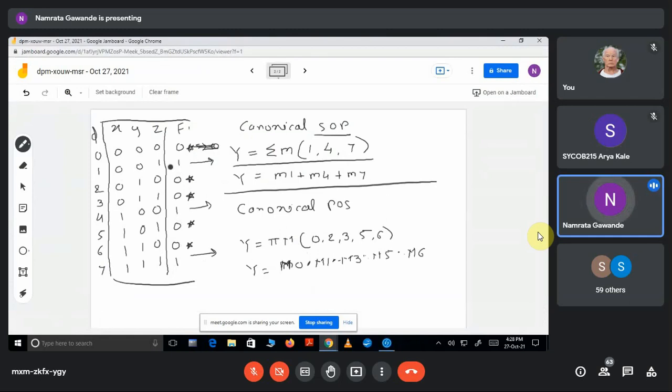Because if the output is not producing 1, it will be producing a 0 output, right? Because we have already written for this form, so directly I can write this particular form. You got this concept?